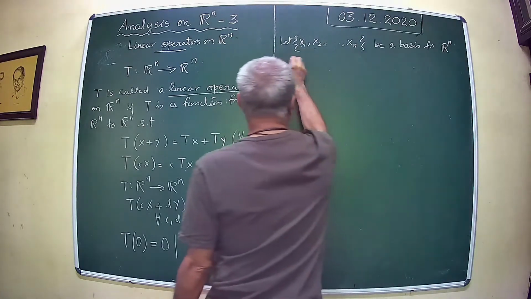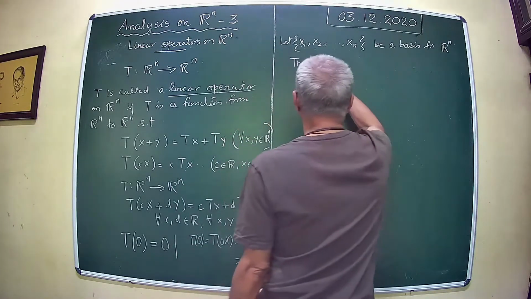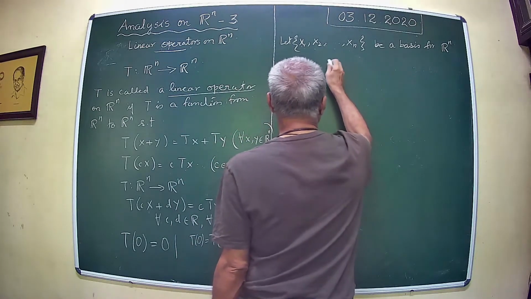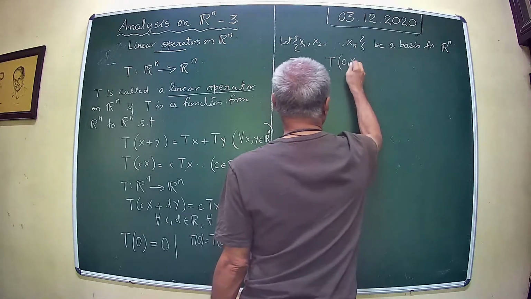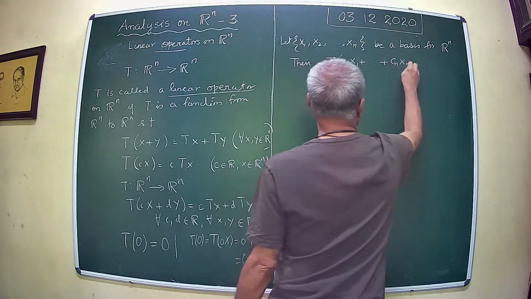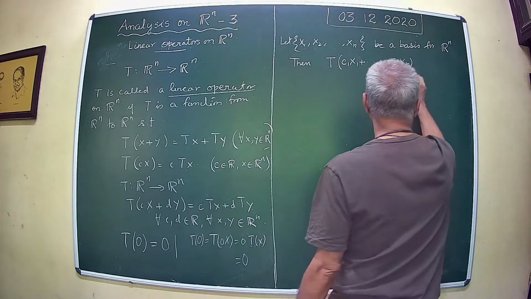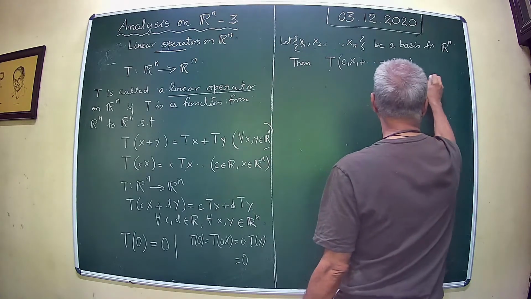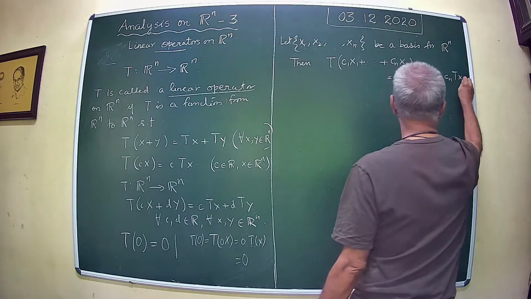Then T of c1 x1 plus up to cn xn equals c1 T x1 plus up to cn T xn.